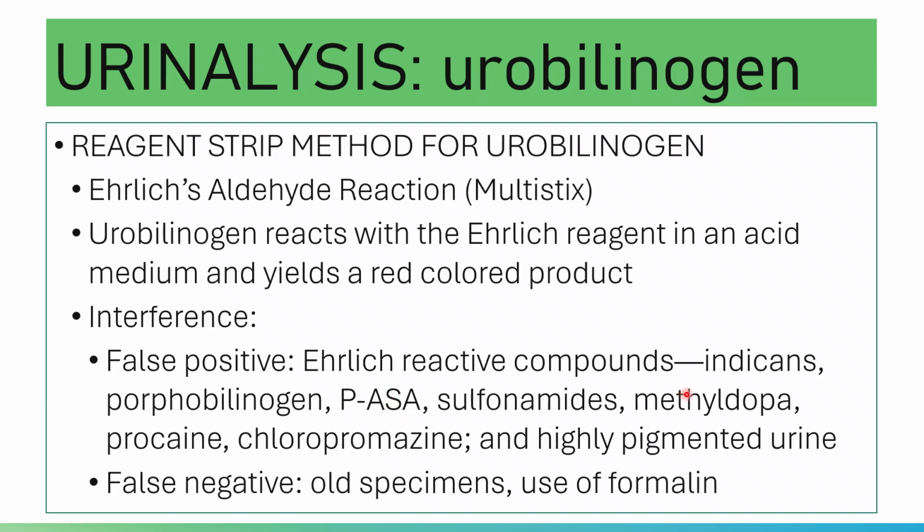False negatives occur with old samples. Why? Urobilinogen is a labile substance and can be converted to urobilin. Urobilin will not give a positive result for Ehrlich's aldehyde reaction, nor for the diazo reaction.